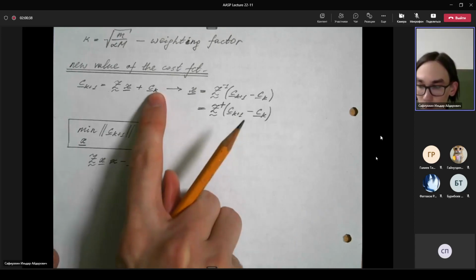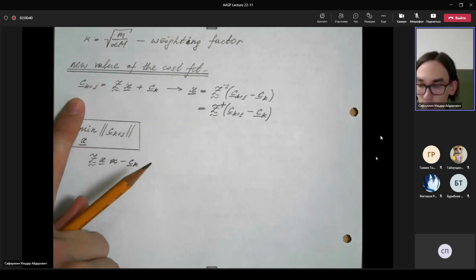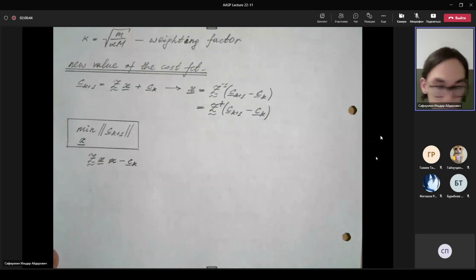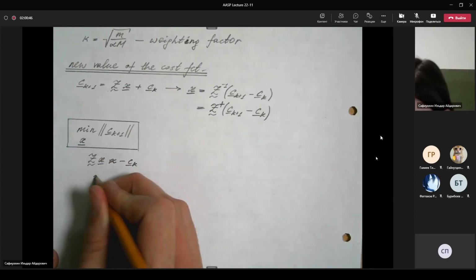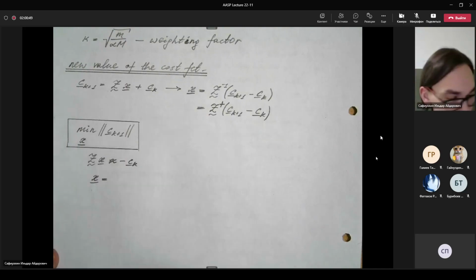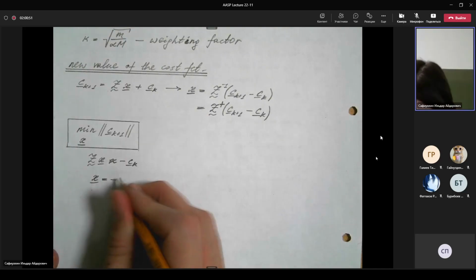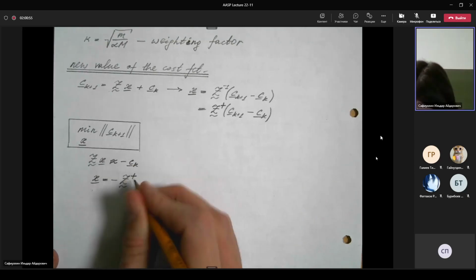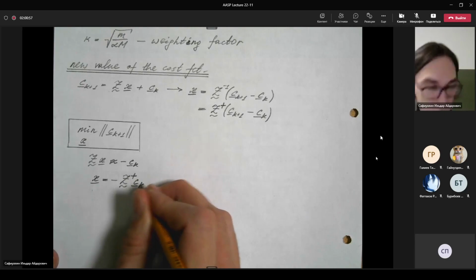So we move this one to the left, and this thing goes to 0 with our minimization. In this case, x is equal to minus matrix z pseudo inverse times c sub k.